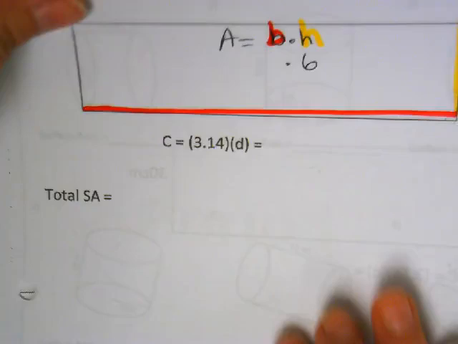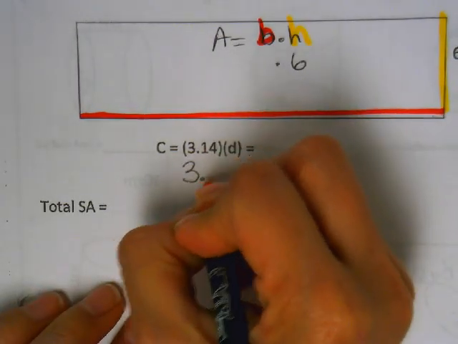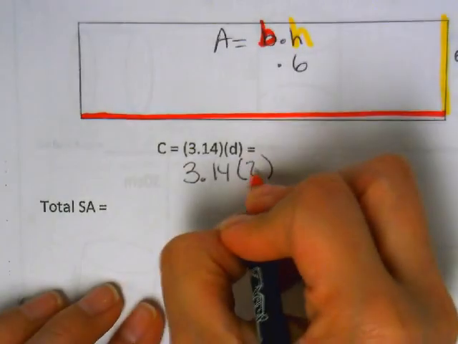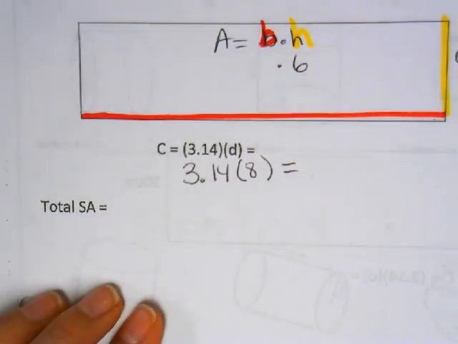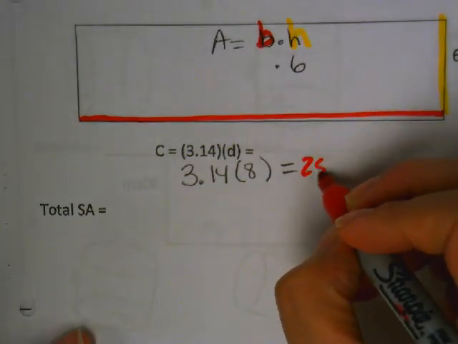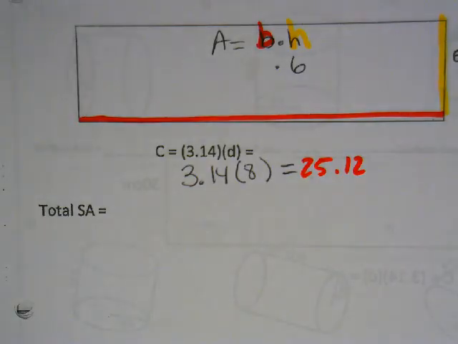So I go back here, and I go 3.14 times 8. What's 3.14 times 8? So that means that the red line measures 25.12. Is that the area? No, that's how much my red line measures.